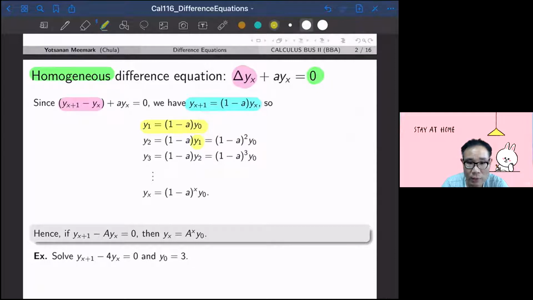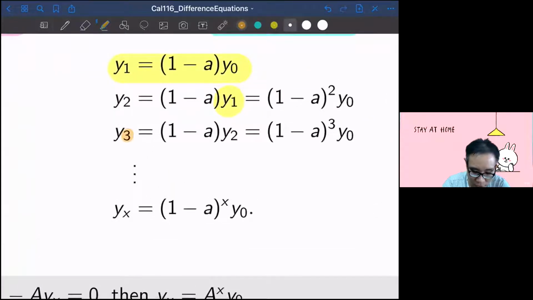So you have y_2 equal to (1 minus a) squared y_0. Similarly, y_3 equals (1 minus a) y_2, which is (1 minus a) cubed y_0. You see the index here is 3, and the exponent is 3. So for y_x, it turns out to be (1 minus a) to the x times y_0. That is going to be your solution.